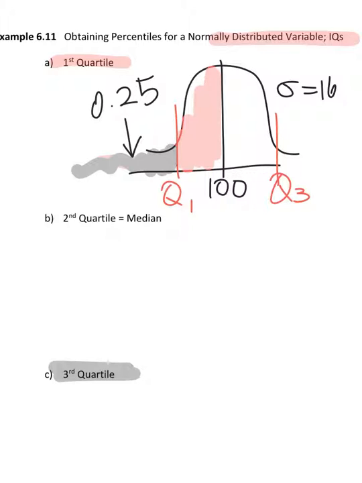So the mean and the median are the same. Yeah, 100. That is the second quartile, the median.